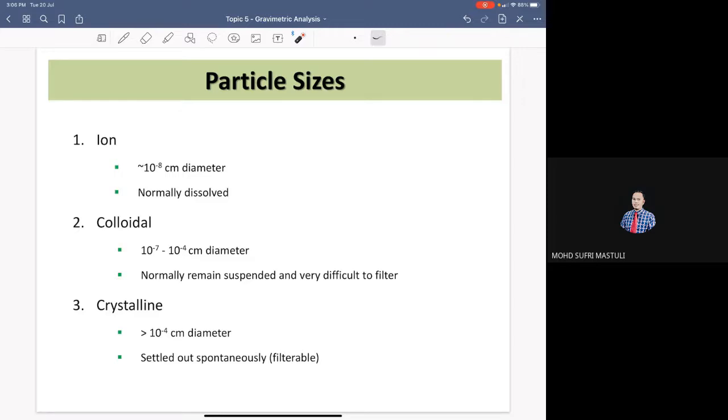The colloidal normally remains suspended in the solution and is very difficult to filter because it's suspended on top of the solution. The crystalline size is bigger, with a diameter of more than 10 to the power minus 4. The crystalline normally can be settled or precipitated spontaneously, meaning that it can be filtered.